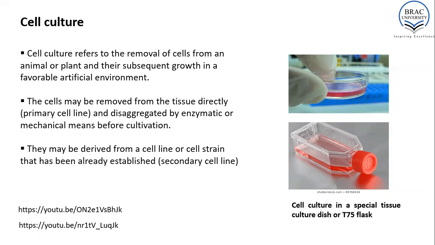Also the growth factors and hormones, and all the cells also need gases, oxygen and carbon dioxide, as well as a physiochemical environment like the pH, osmotic pressure, and temperature.